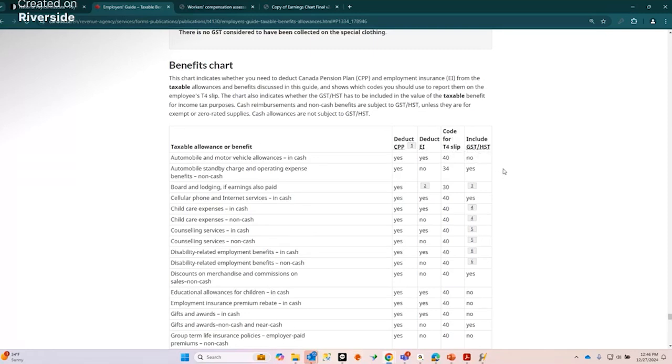So all the information that you need when you're setting up a taxable benefit for an employee can be found on CRA, as well as your province of employment, the jurisdiction, there's information on that.